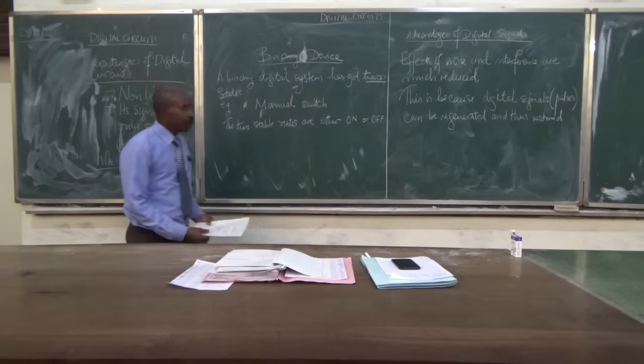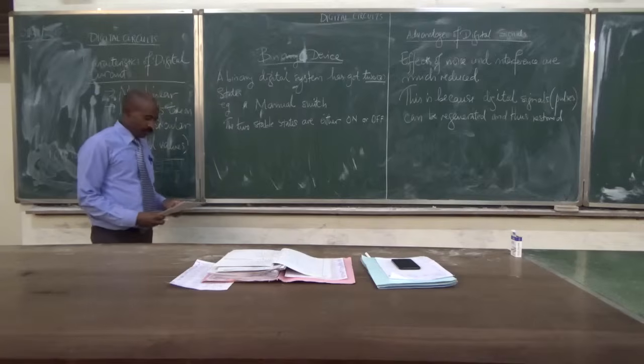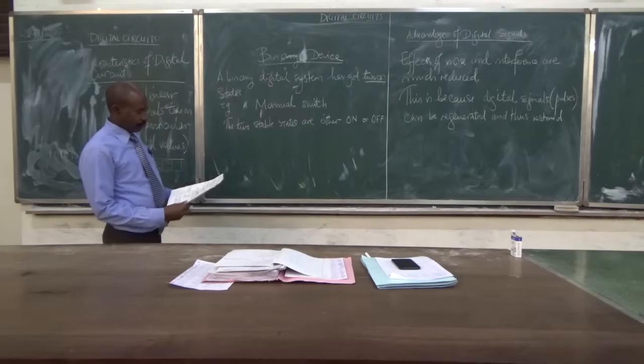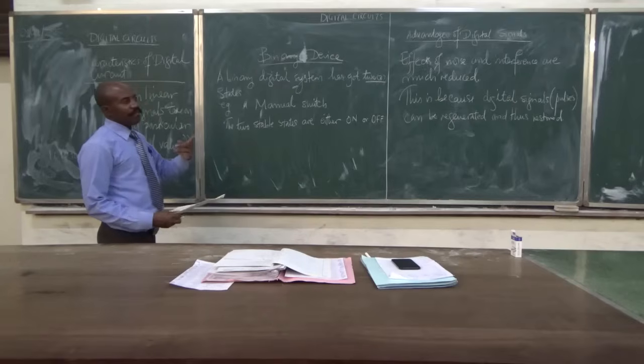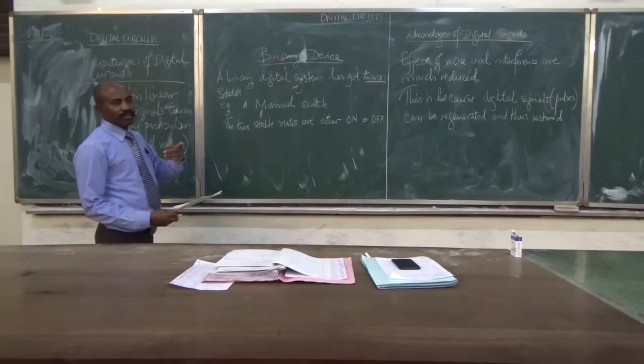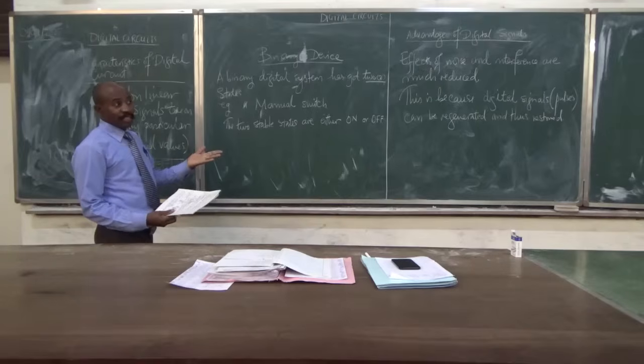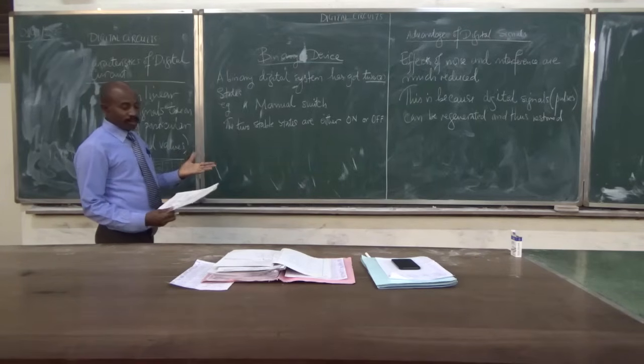You have no half off or half on. This is not the best we can talk about. Much as you see it as an analog thing where you go and flip, but this is not the best.